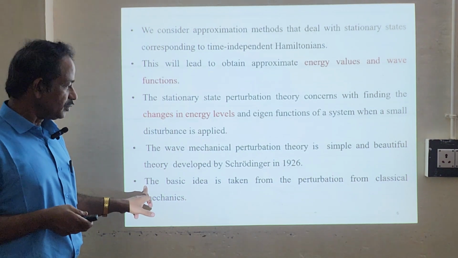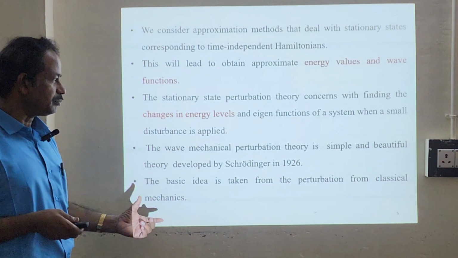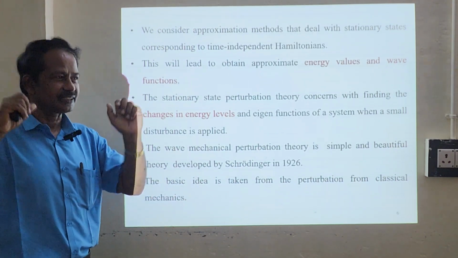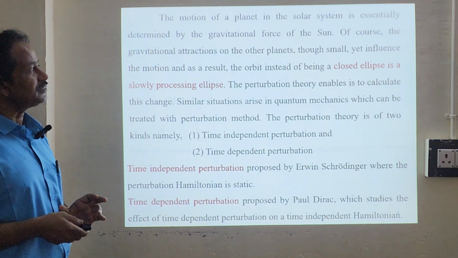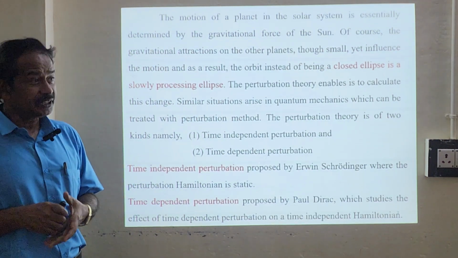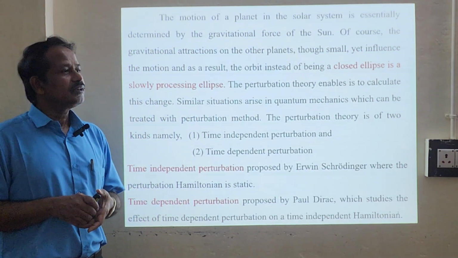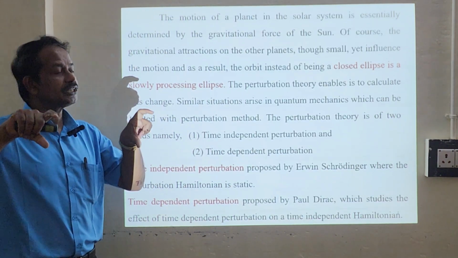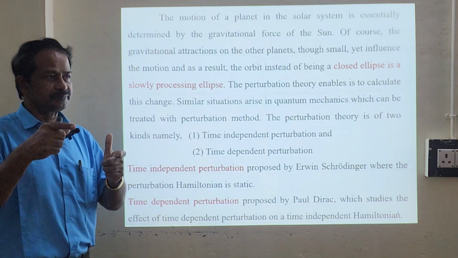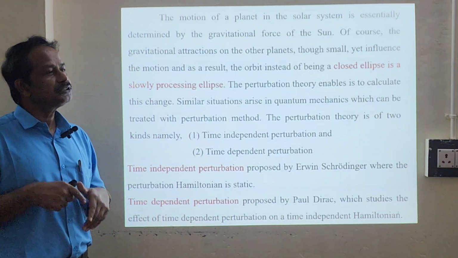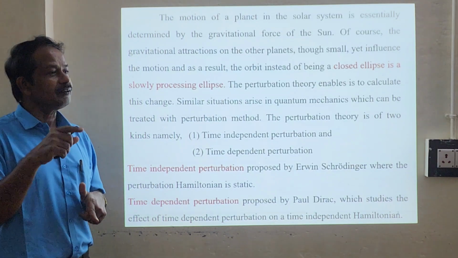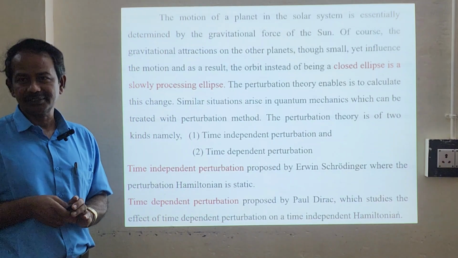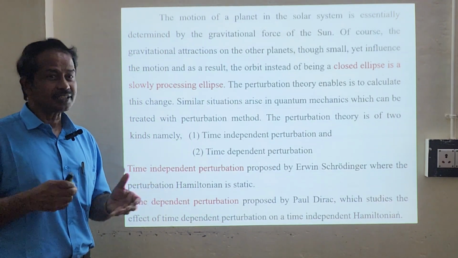So that's why it is termed Rayleigh-Schrödinger time independent perturbation theory. The basic idea is also taken from perturbation in classical mechanics. Of course, we always take the frameworks from classical only. For example, in classical physics we know that perturbation occurs. We know the gravitational attraction between sun and earth. Suppose there are two planets and there will be attraction, which follows the equation F equals G m1 m2 by r square. We know this equation already. And there are other planets also.